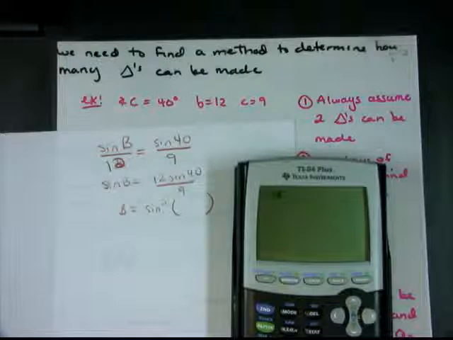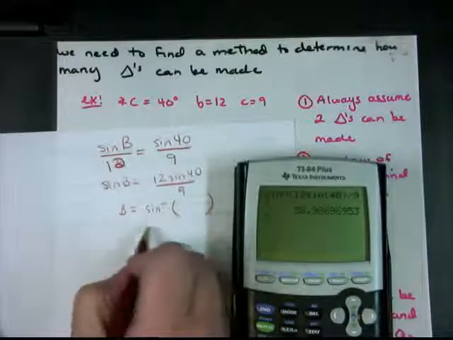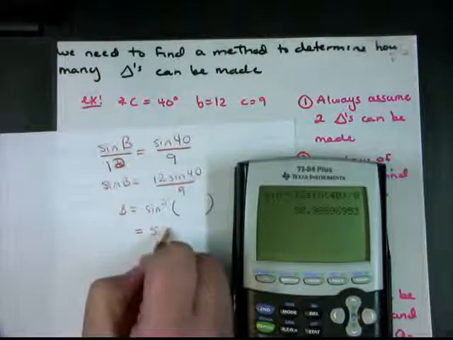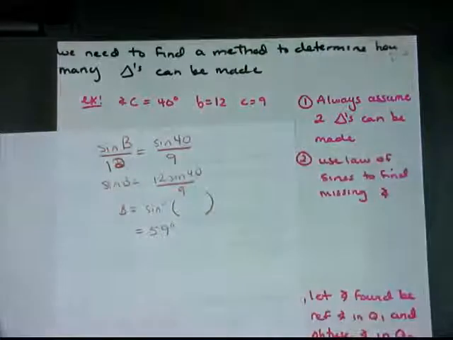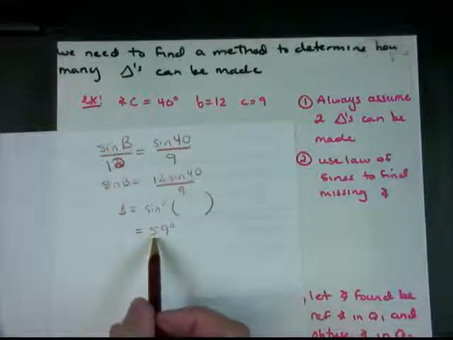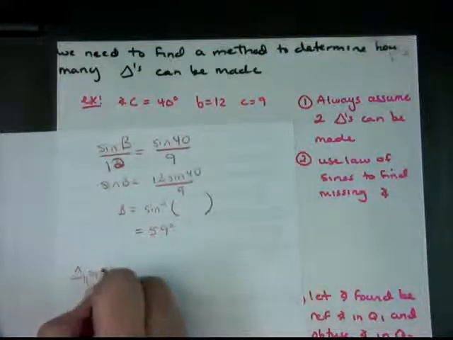All right. Type that all in your calculator. So we get the inverse of sine, 12 sine 40 divided by 9, and we get angle B is 58 point something, which rounds to 59 degrees. So we just do it normally. Well, what we're going to do is say triangle 1 has 59 degrees.